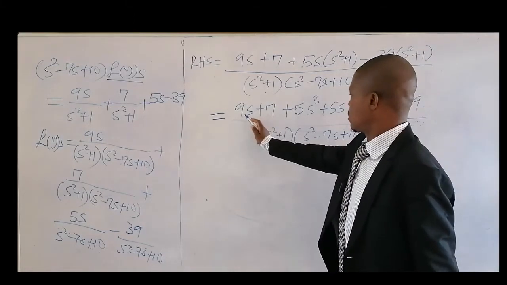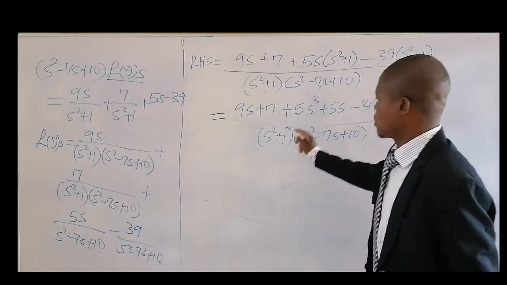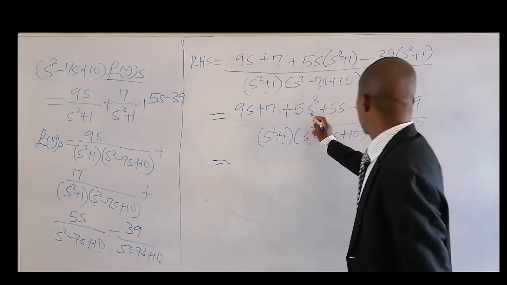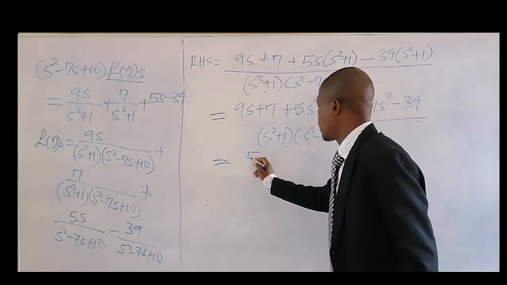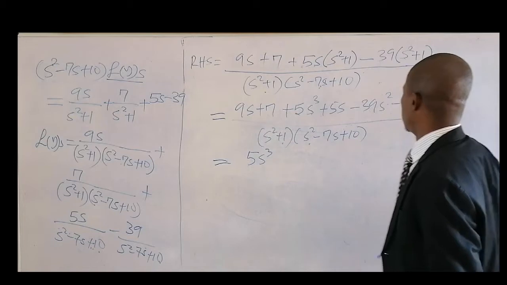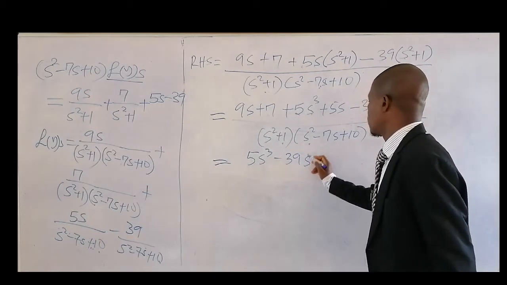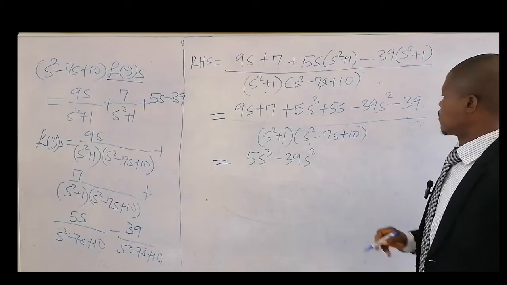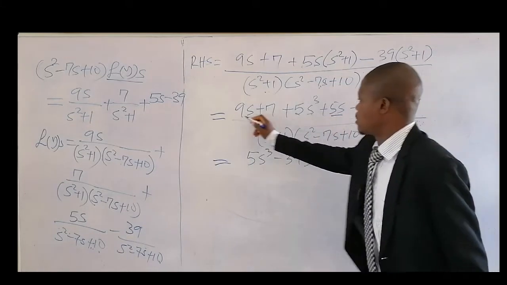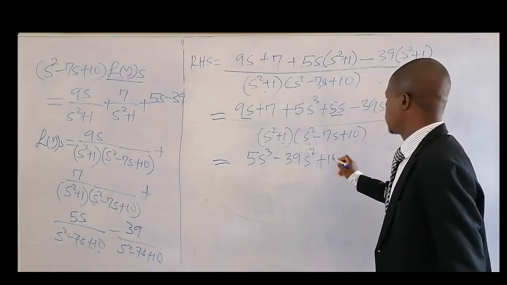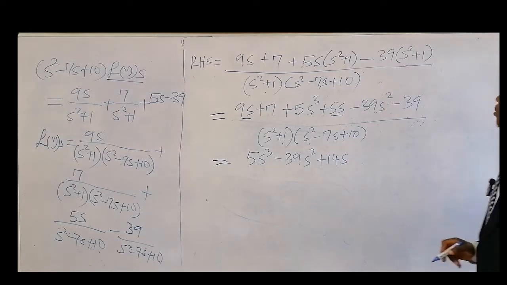This one, we can start arranging. That will be equal to, according to the power, power 3, that's 5s cubed, followed by minus 39 s squared, and followed by 5 plus 9, that's 14 s.